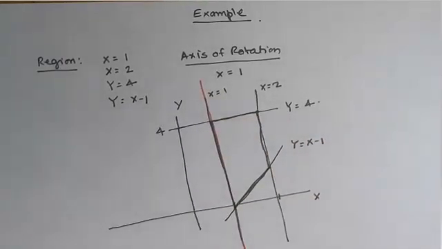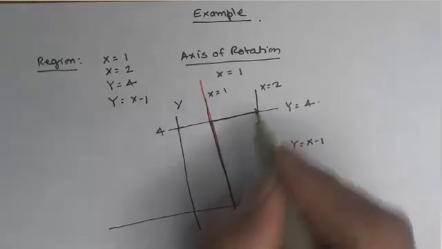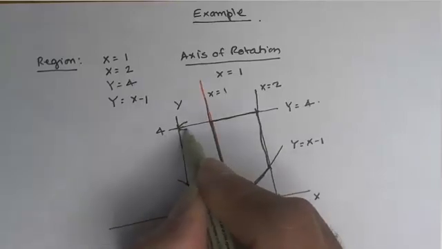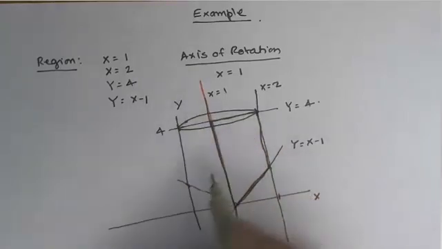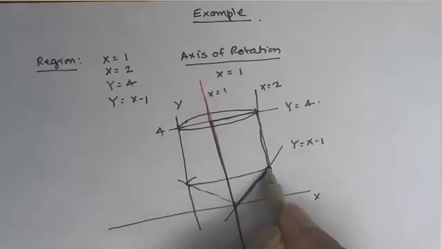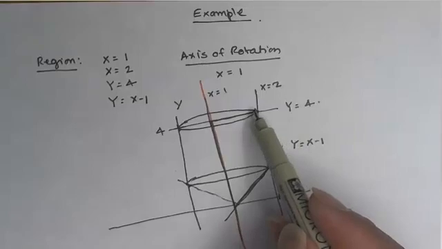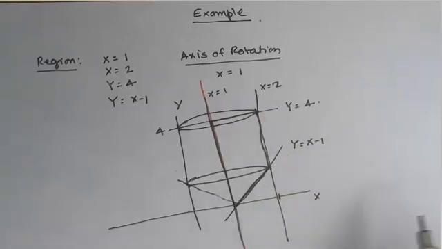Alright, so this point goes here, this point goes here, and we get a volume that kind of looks like a thick pencil. It's a cylinder from here down to here, and then it kind of tapers down to a point.